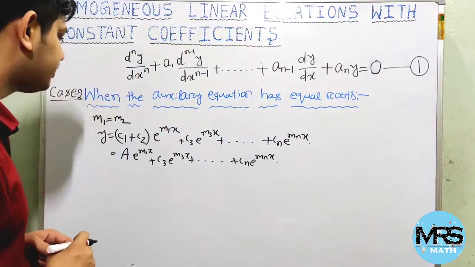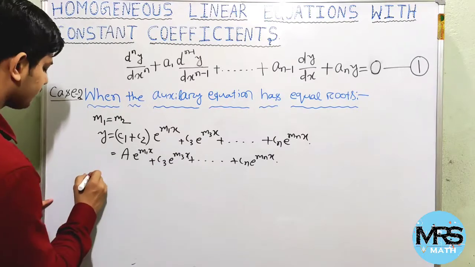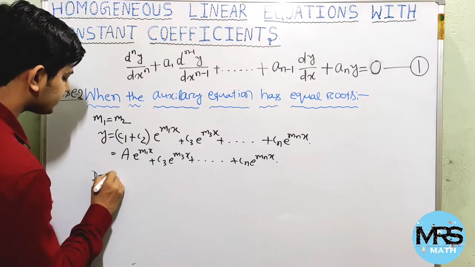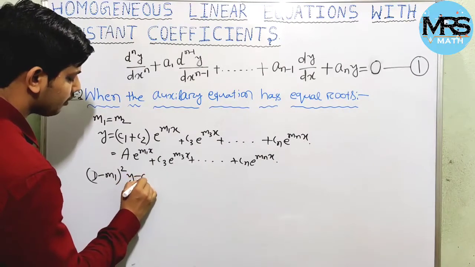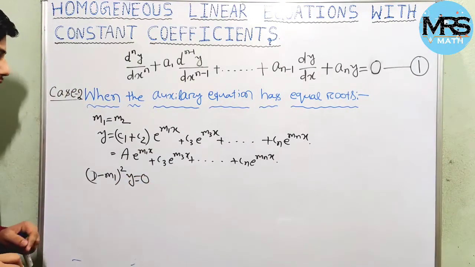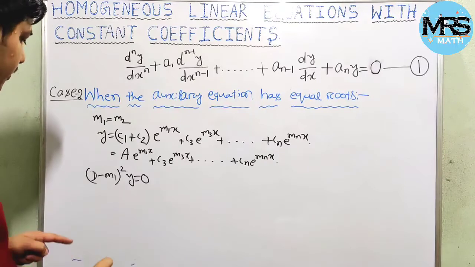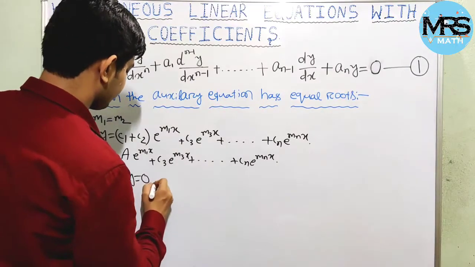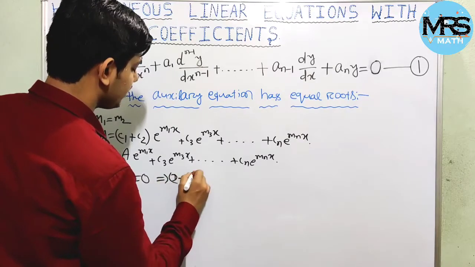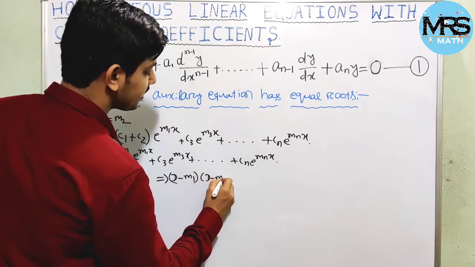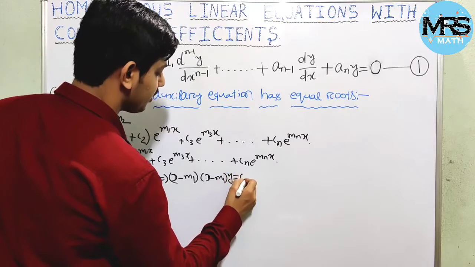So for this we can assume d minus m1 whole square into y equal to 0. Consider this is the auxiliary equation. So this is equal to d minus m1 into d minus m1 into y equal to 0.